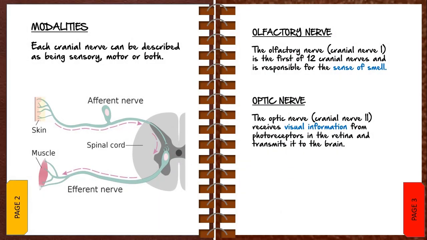Now let's move on to the modalities. Each cranial nerve can be described as being sensory, motor, or both. Just keep in mind: sensory, S alphabet; motor, M alphabet; both, B alphabet. There are two different neurons. First is the afferent nerve, second is the efferent nerve.